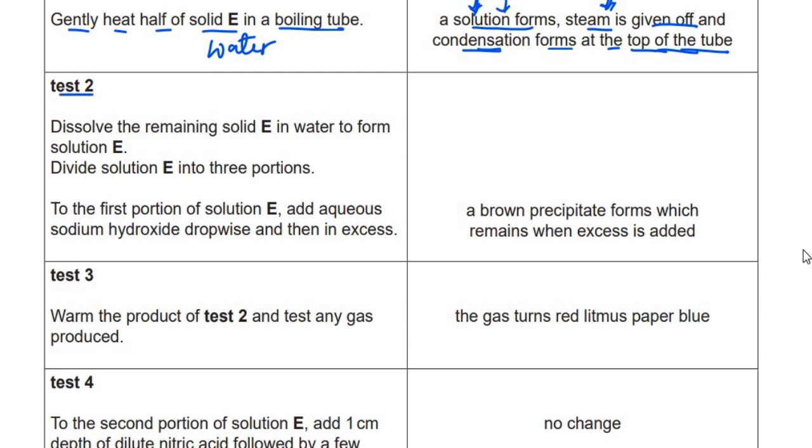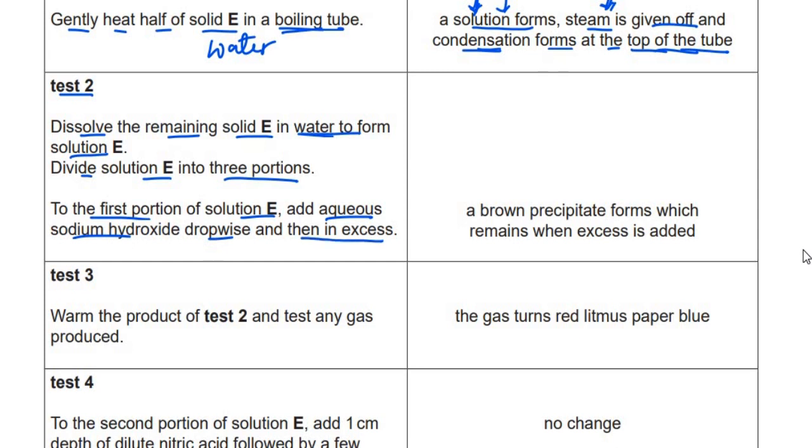Let's go ahead with test 2 of solid E. It says dissolve the remaining solid E in water to form a solution E. This means that half of the solid we have already taken in the boiling tube and heated. The remaining half we are dissolving in water to form a solution. Now divide solution E into 3 portions. To the first portion of solution E, add aqueous sodium hydroxide dropwise and then in excess.